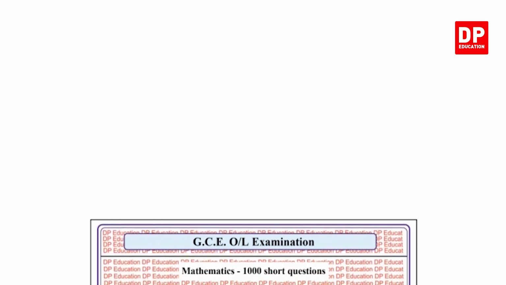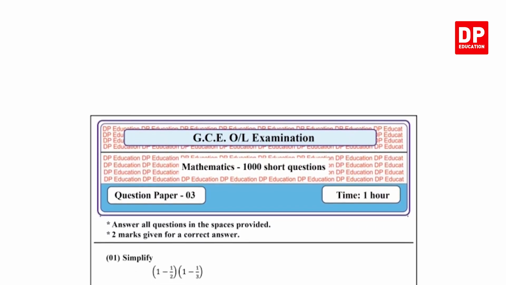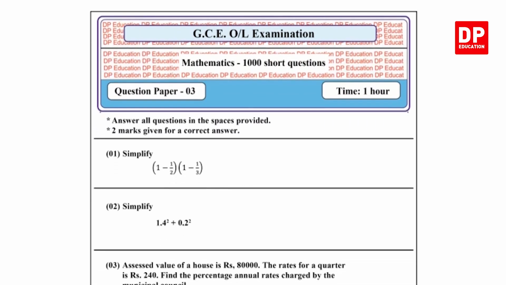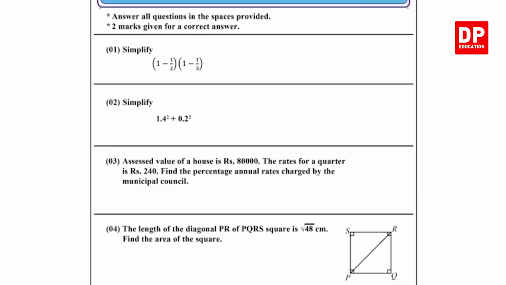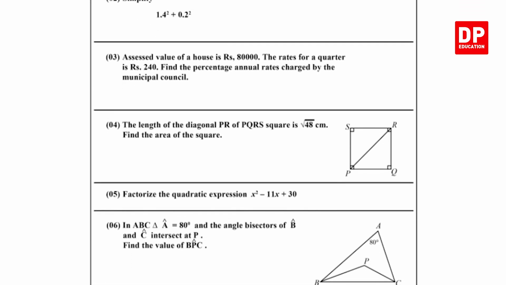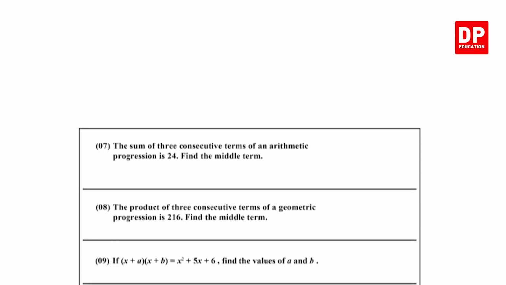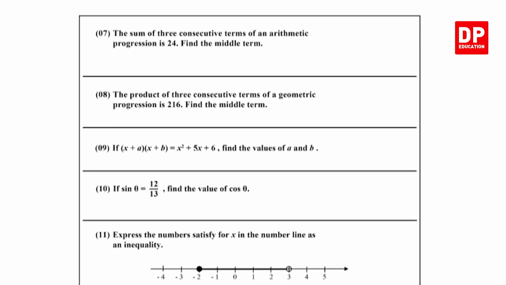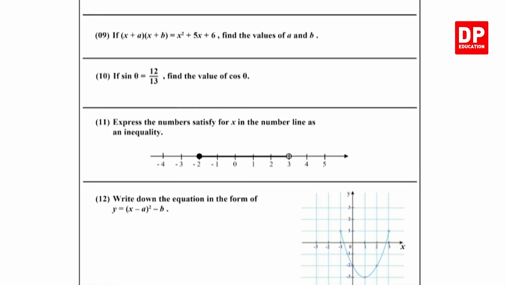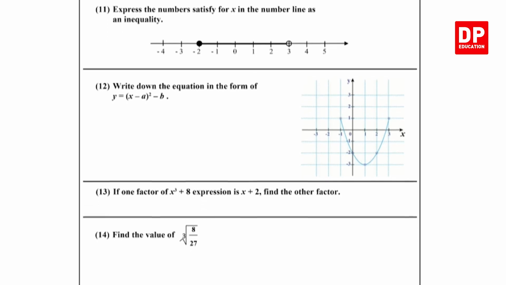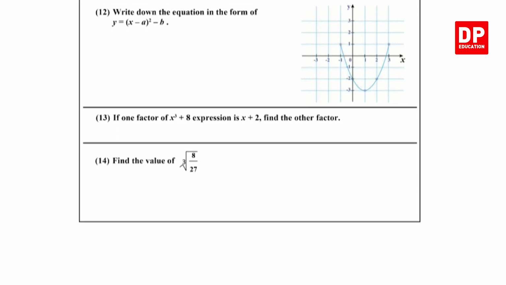In this paper, on the first page you get questions 1 to 6. The second page has 7 to 14.